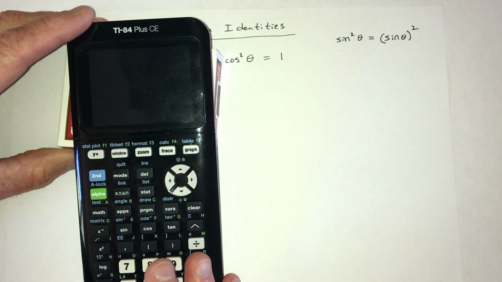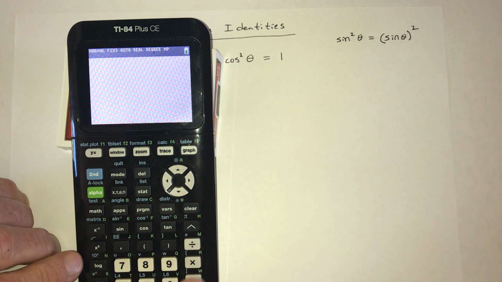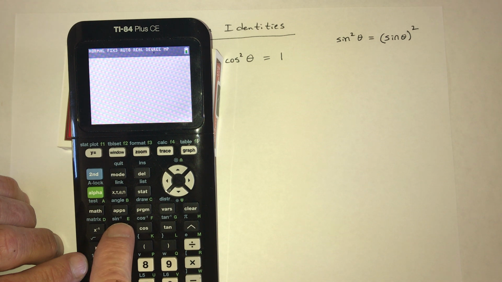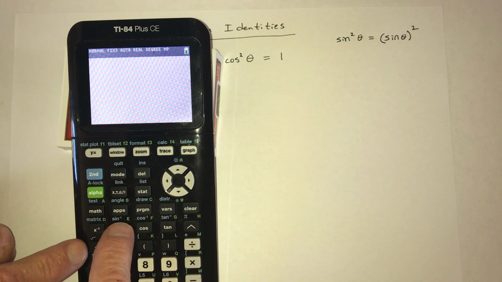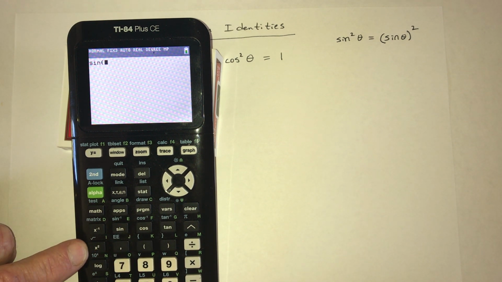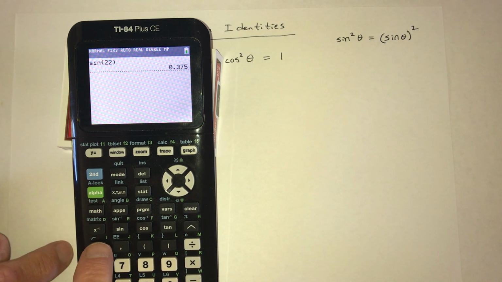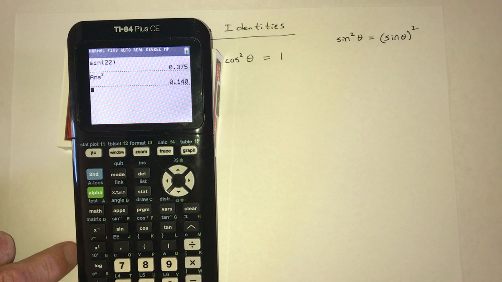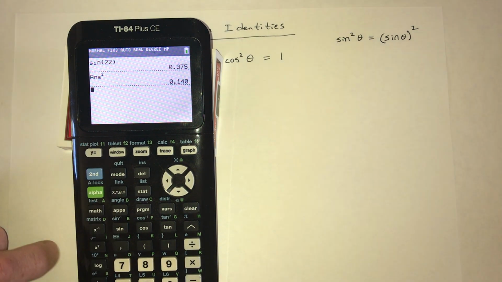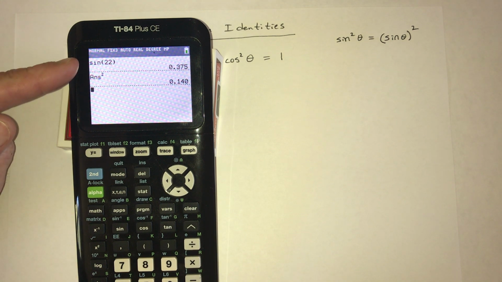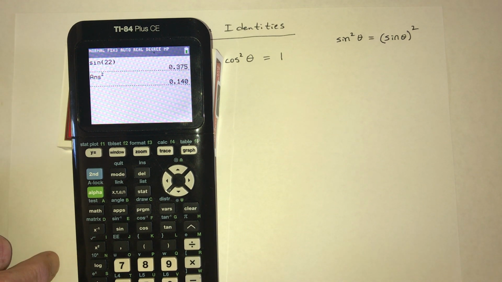So for example, on the calculator, let's pick an angle like 22. So if you find sine of 22, and then you just hit the squared button, it equals 0.14. So you could do it that way in 2 different steps: sine of 22 and then square the whole thing.